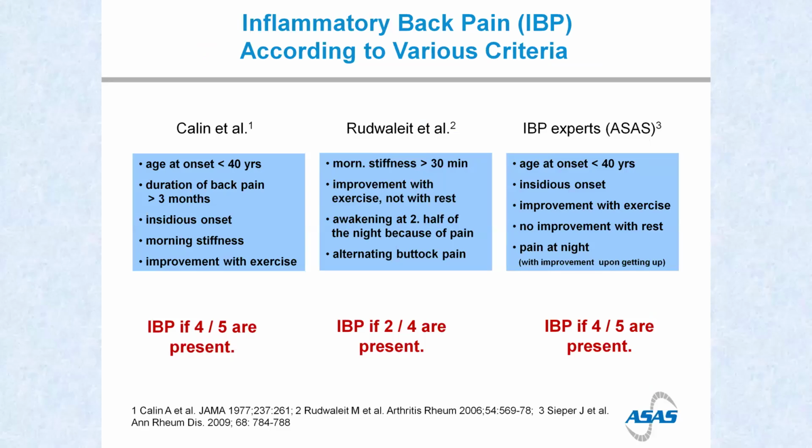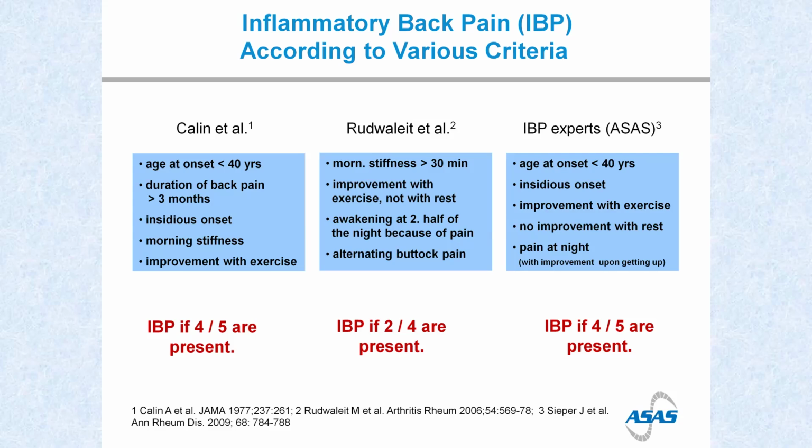Here are the features of inflammatory back pain. Age of onset of less than 40 years of age, insidious rather than sudden onset, like a back injury would be sudden, as opposed to axial SpA. Improvement with exercise, no improvement with rest, and pain waking the person at night, leading to their getting up and walking about in order to relieve the pain.